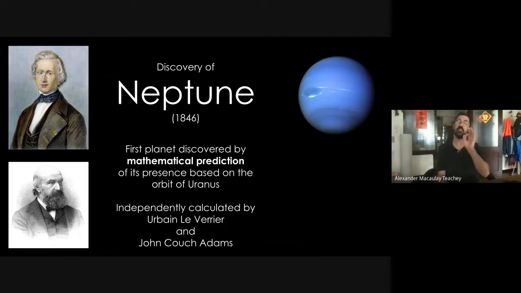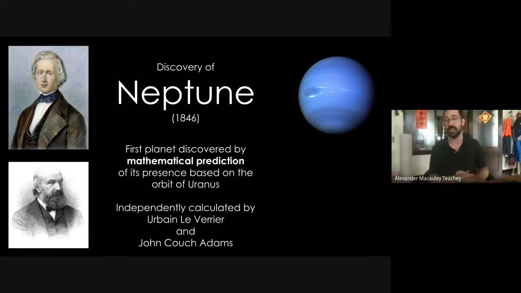And he handed it to an astronomer friend, and the astronomer found it that very night. So this is another incredible discovery in planetary science, because this is the first time that a planet has been mathematically predicted. We can use mathematics to predict where a planet is going to be, and we can point our telescope and it's right there. And I don't have any slides about Planet 9.